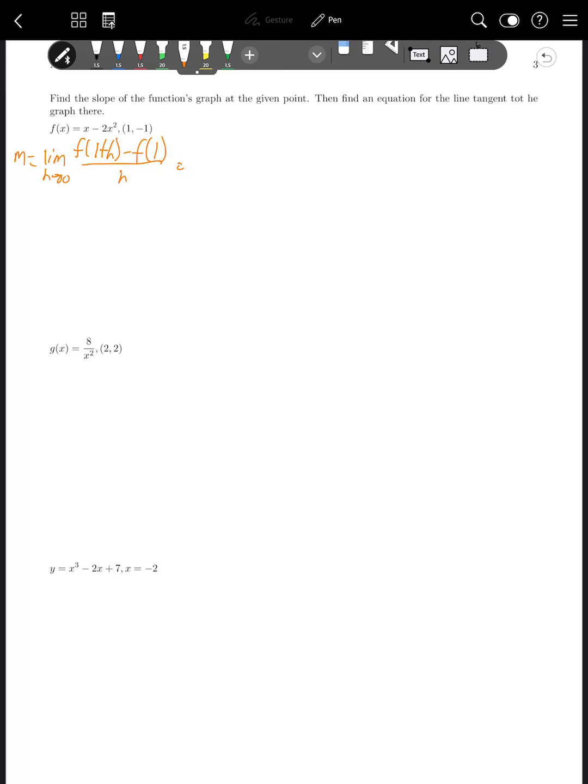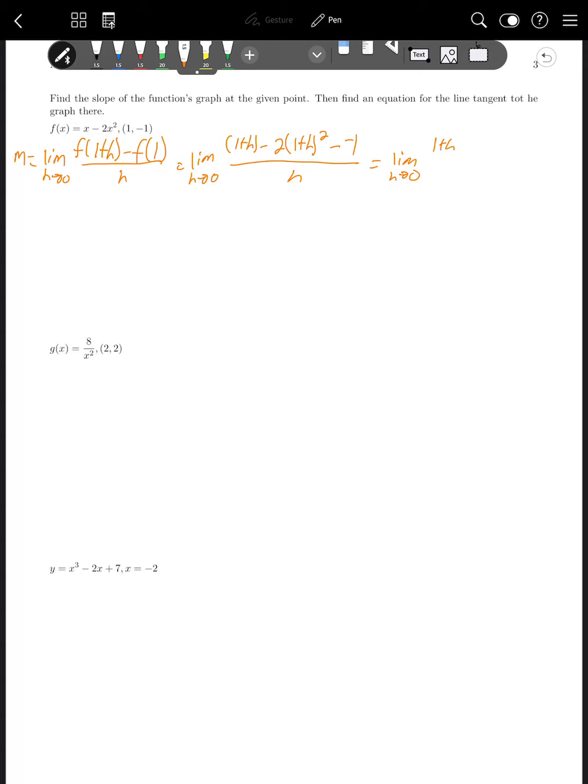So that's going to be the limit as h approaches 0 of 1 plus h minus 2 times 1 plus h squared minus f of 1, which is negative 1, over h. And then multiply this out, or at least start multiplying it out.